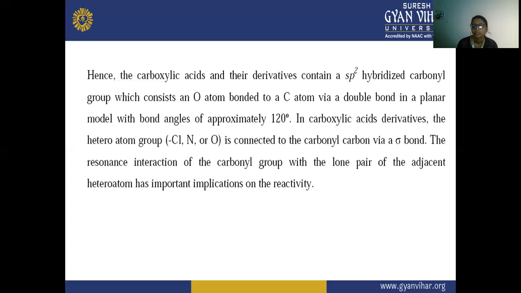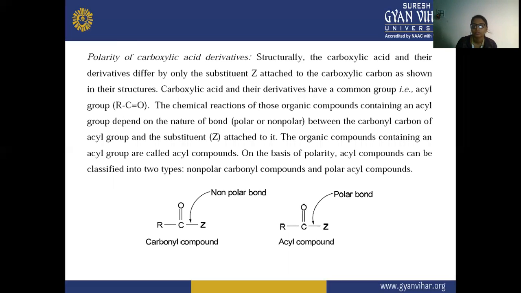Next is the polarity of carboxylic acid derivatives. Structurally, the carboxylic acid and its derivatives differ by only the substituent Z attached to the carboxyl carbon, as shown in the structure. The carboxylic acid and the derivatives have a common group, that is the acyl group.